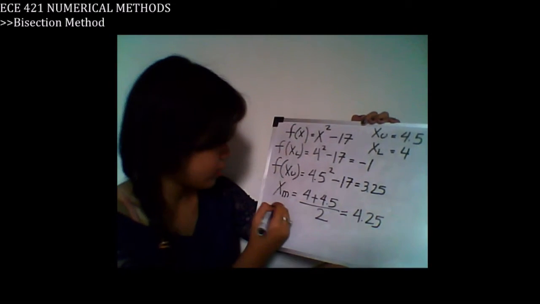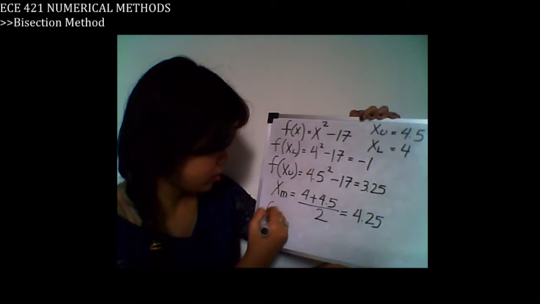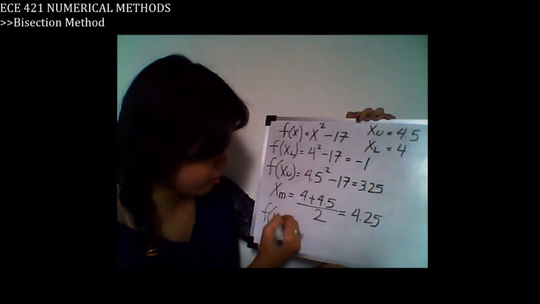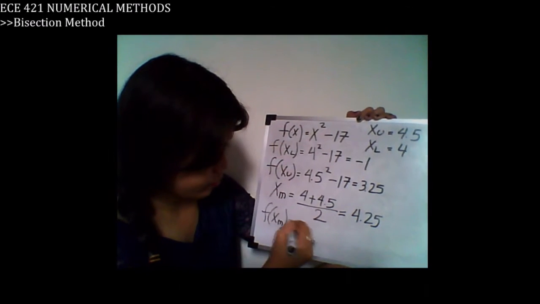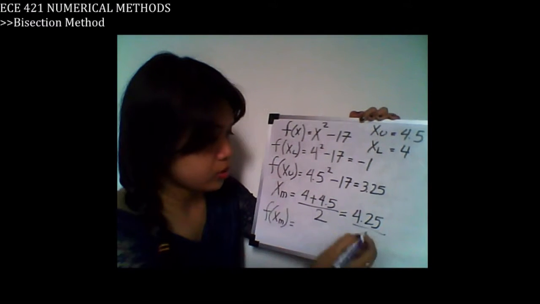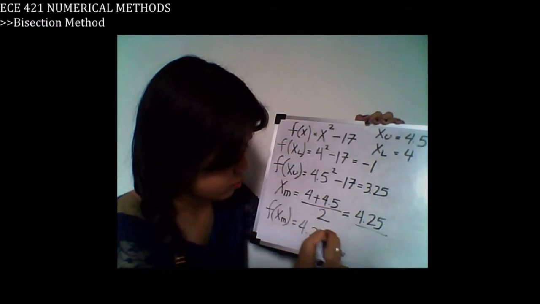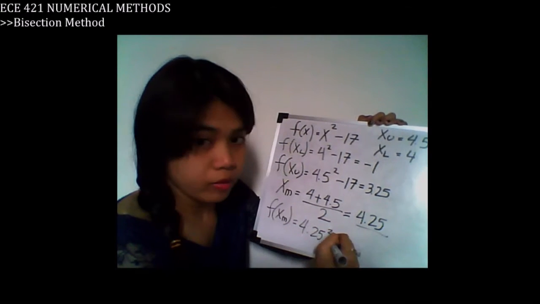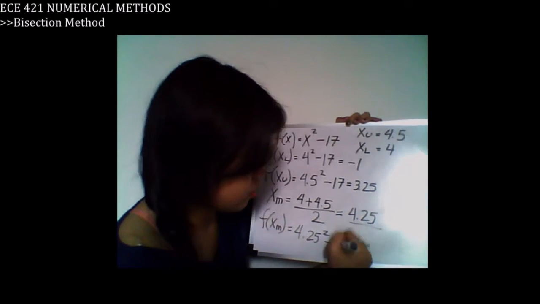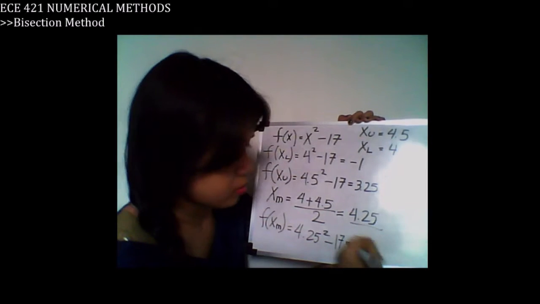Get the value of the function of xm. Substitute this value to the x of x squared minus 17 is equal to.